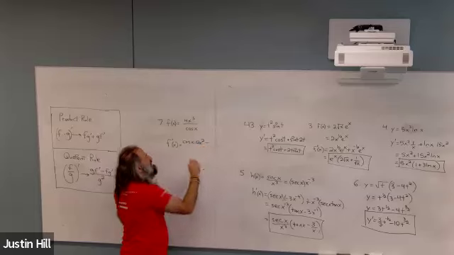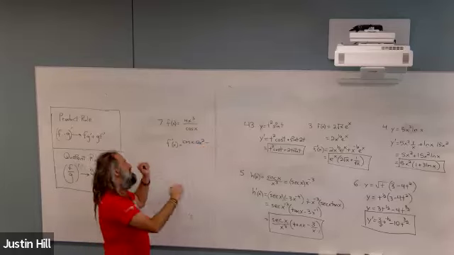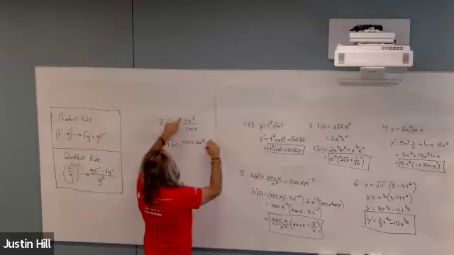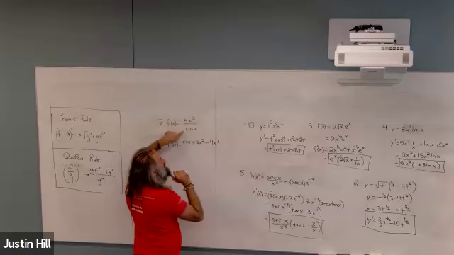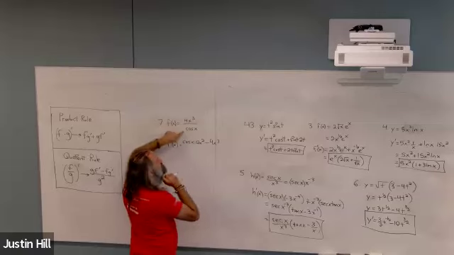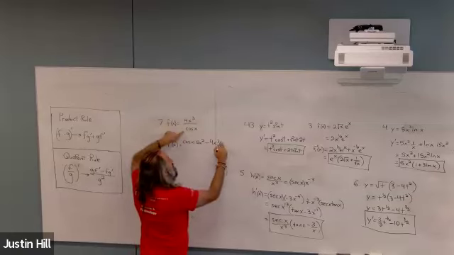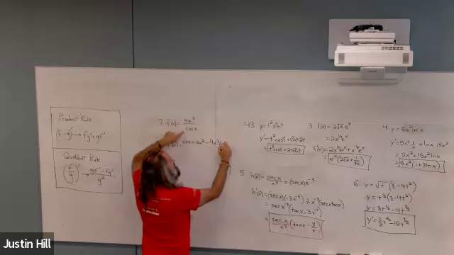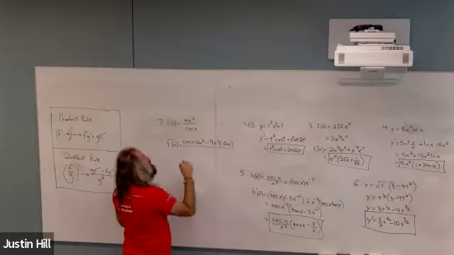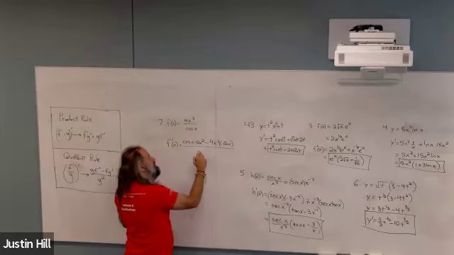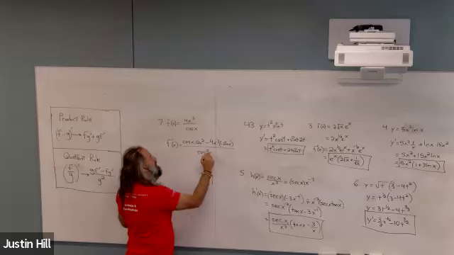Then I'm going to subtract, and you're basically just going to reverse your roles. So now you take the top, 4x cubed, multiply it by the derivative of the bottom. What's the derivative of the bottom? The derivative of cosine is negative sine. Then I'm going to divide this all by the bottom squared. So in this case, cosine squared x.